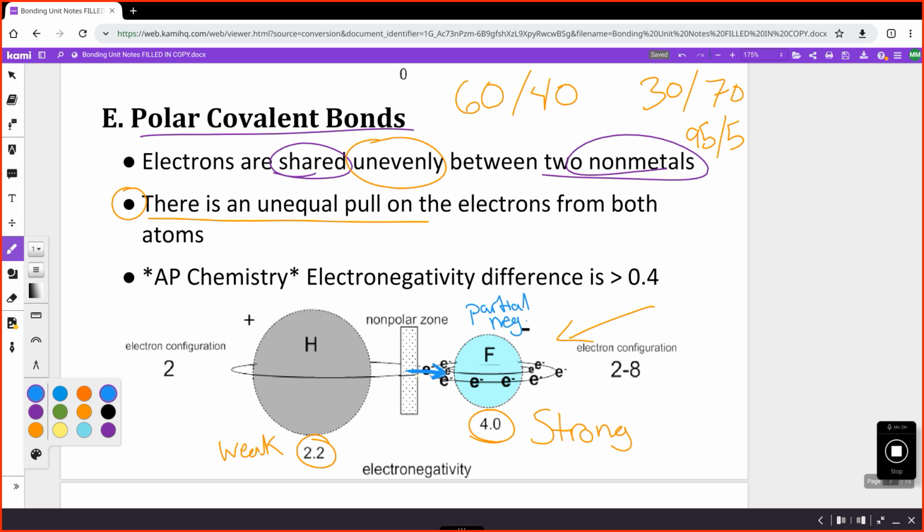It's not going to be fully negative. It's not going to have a full-blown negative charge because sometimes that electron goes back that way. It doesn't stay there for very long, but sometimes it does, and then it comes back.